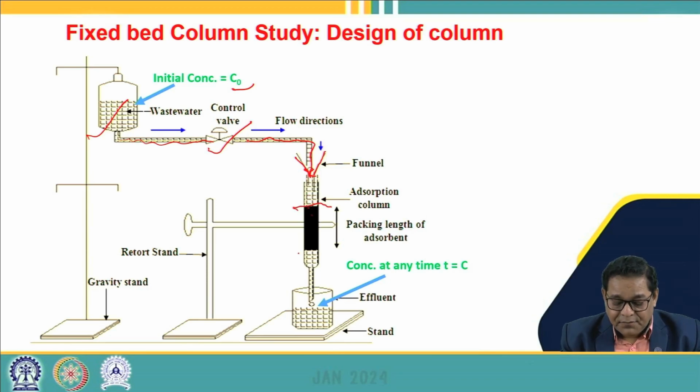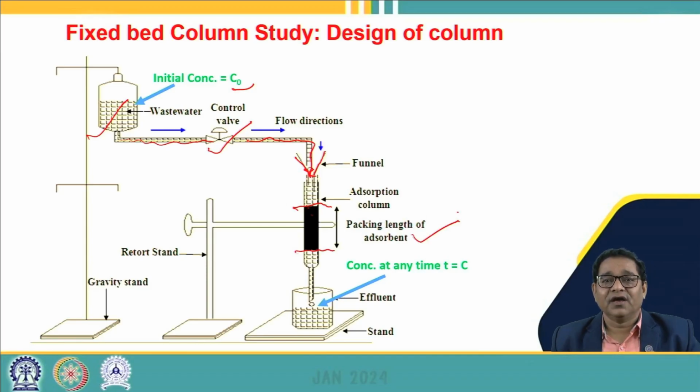In this column is the packing of the adsorbent, say activated carbon, so this will be packed within the column and the water will be allowed to percolate through it. From the bottom, the samples will be collected at different points of time, at different intervals of time, and analyzed for concentration.